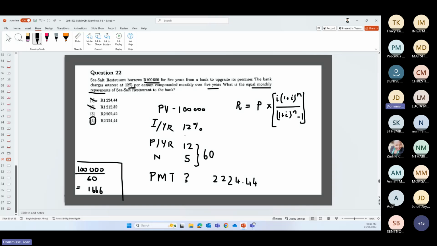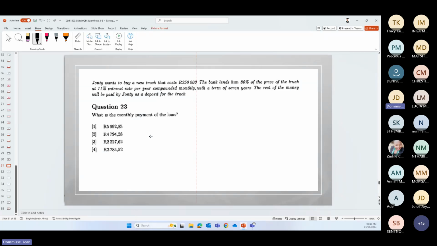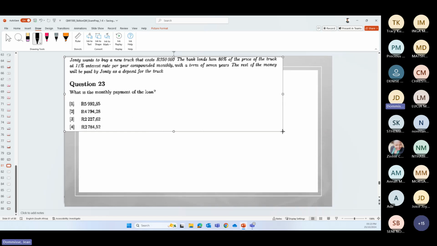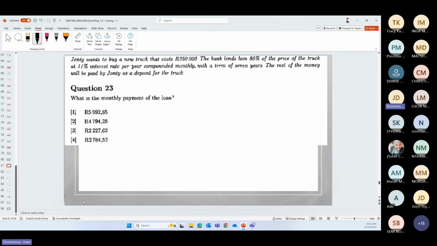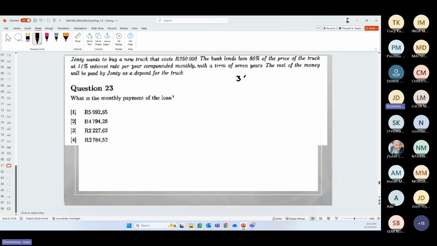Okay, so let's go to the third one, which was also looking at a loan. Jonty wants to buy a new truck that costs 350,000.